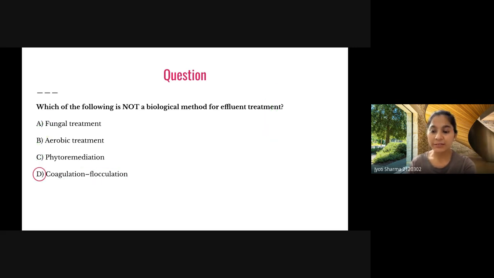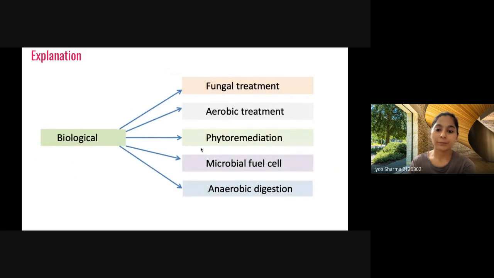So D will be the right answer. And here you can see more. Under biological, this will be fungal treatment, aerobic treatment, phytoremediation, microbial fuel cell, and anaerobic digestion. I think we already discussed all of these last week.